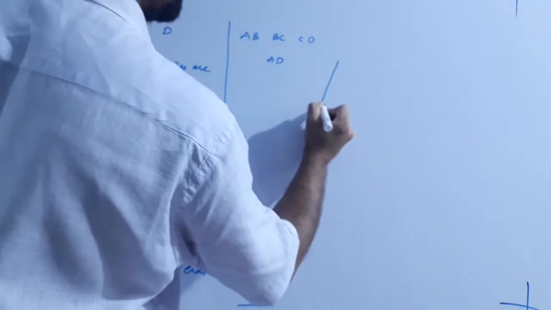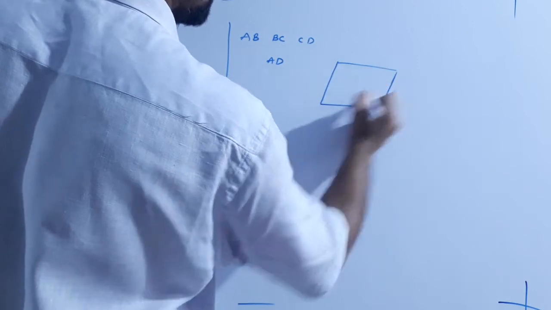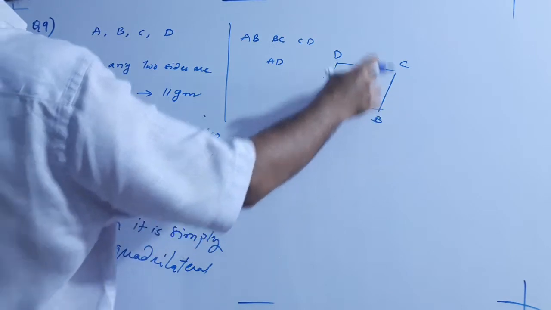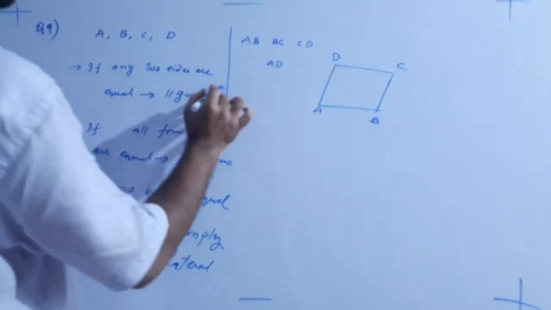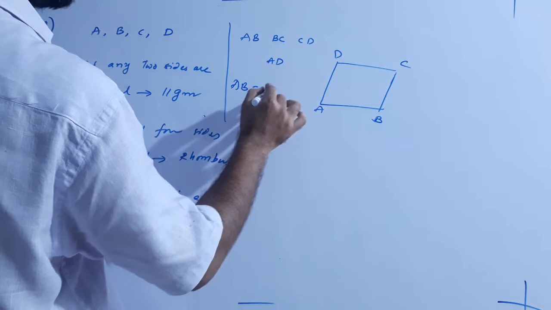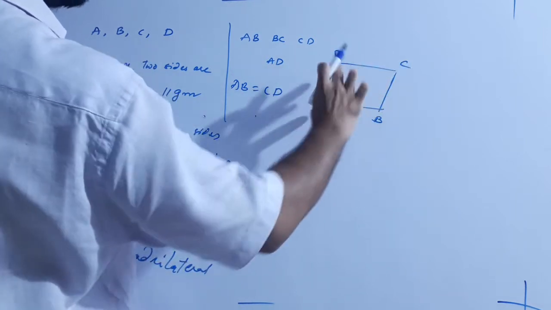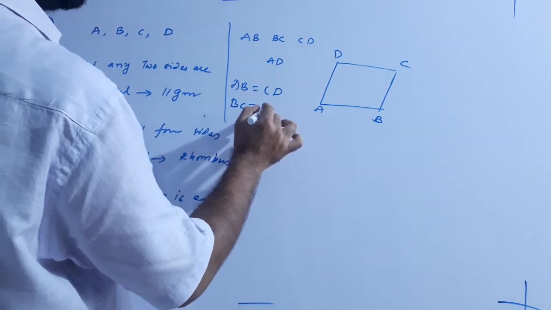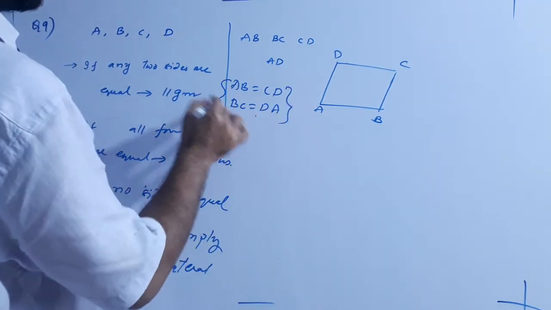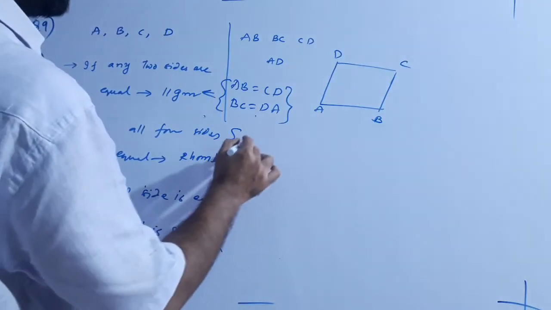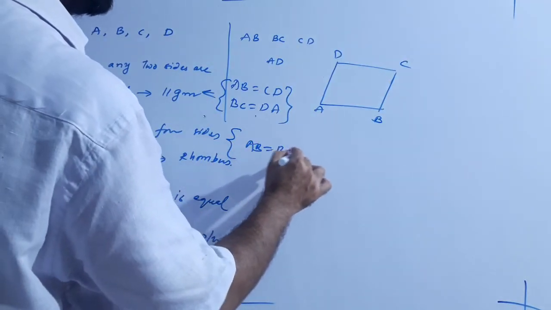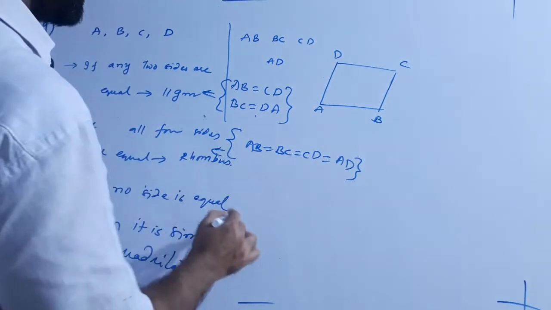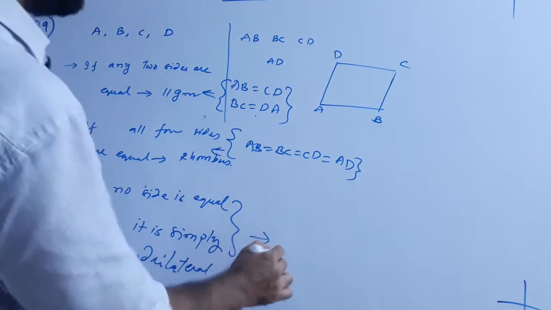You have to form the quadrilateral in this way: A, B, C, D. Now you have to check whether AB equals CD and BC equals DA, then it is a parallelogram. If AB equals BC equals CD equals AD, then it is a rhombus. If none is equal, then it is simply a quadrilateral.